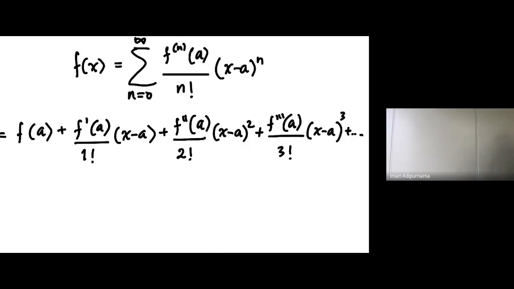So whenever you find in some models, you may have some approximations using Taylor or Maclaurin, and this is what you are doing in the algorithm.